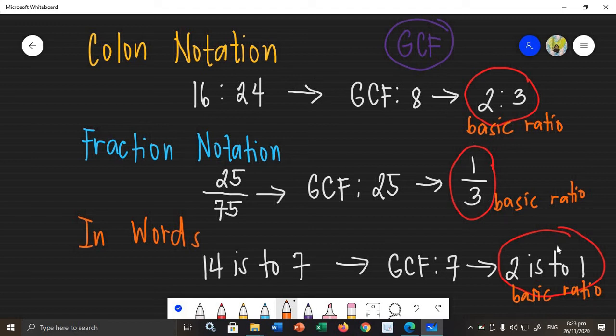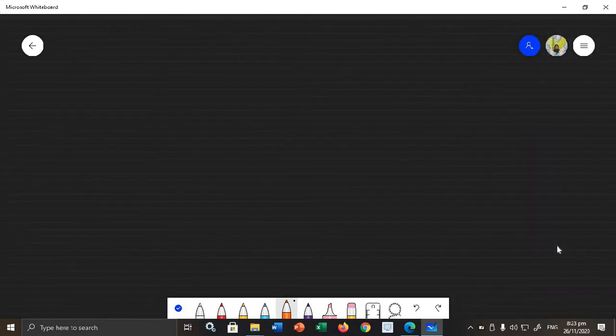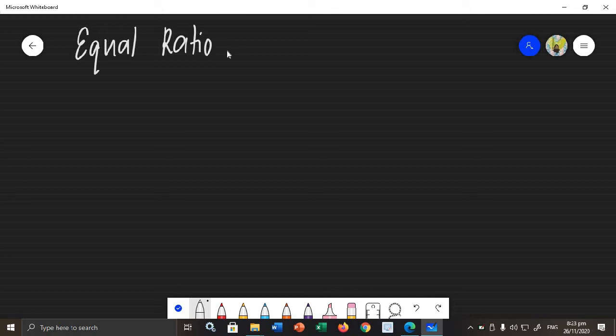Now, let us move on to equal ratio. So, paano ba natin malalaman kung yung given natin ay equal ratios pala sila? So, a while ago, kakatapos lang natin i-discuss kung paano isulat yung ratio in its lowest term. So, gagamitin natin yung knowledge natin regarding writing ratios in lowest term dito sa pag-alam kung yung ratios na given are equal.